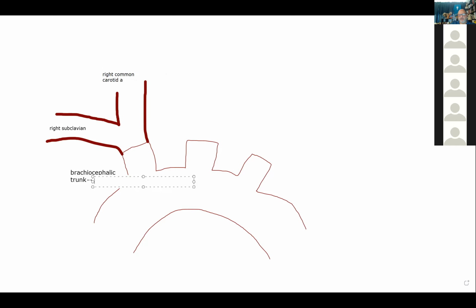Because there's only one of them. If it's not a paired blood vessel, we don't need to worry about right or left. But if it is a paired blood vessel, then we do need to say right or left. And as we mentioned, right subclavian eventually is going to lead to the right arm. Left common carotid goes to the left head.